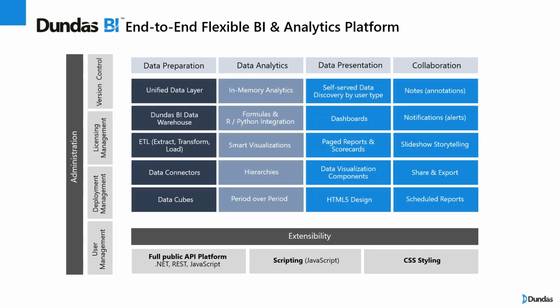All right, so let's get right into it. Before we get into the meat, let's quickly talk a little bit about the application that we're using in general. If you're new to Dundas BI, it is an extremely flexible BI and analytics platform. It has a wide range of capabilities that allow it to serve as a true end-to-end platform that enables you to handle all your data preparation, data analytics, presentation, and advanced collaboration in one single platform.